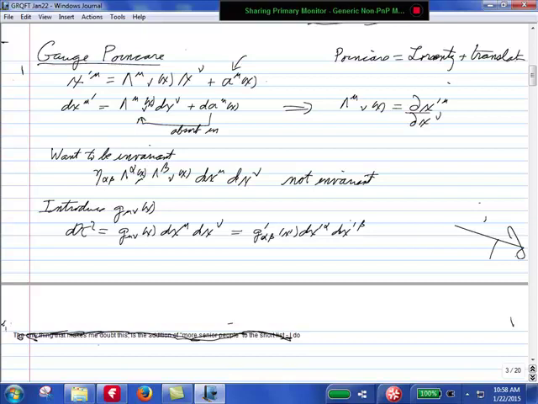Okay, so I have got the root g's in the right places. That root g has to be there to maintain the invariance, because what you really make invariant is the action, and the root g is part of the action.